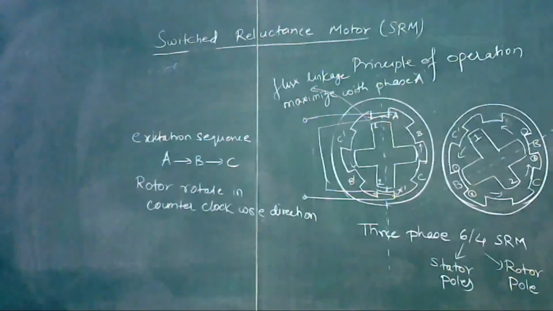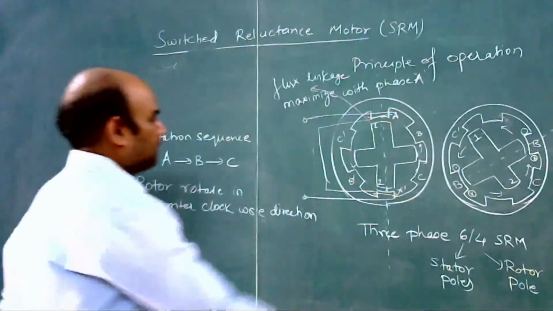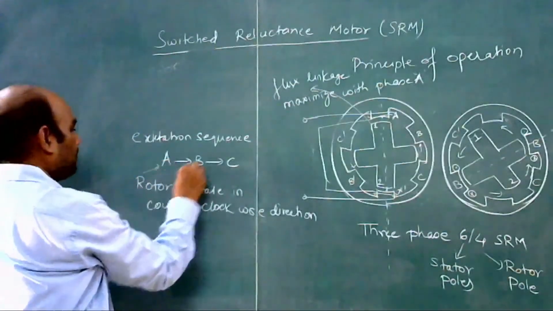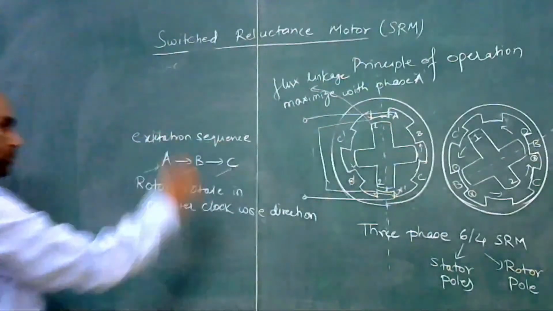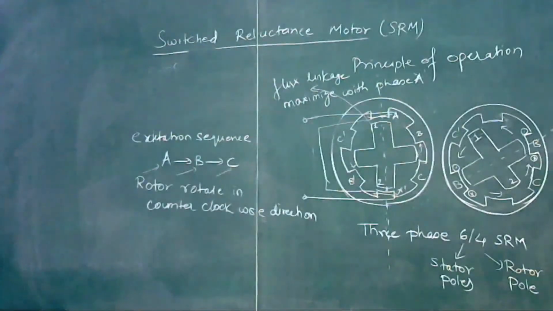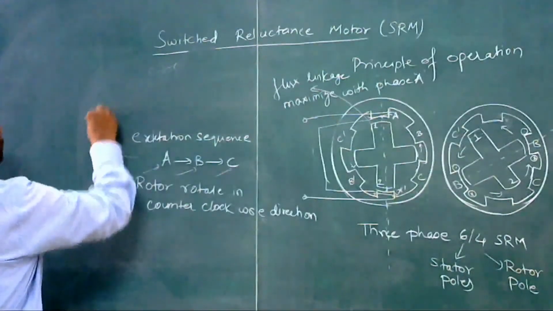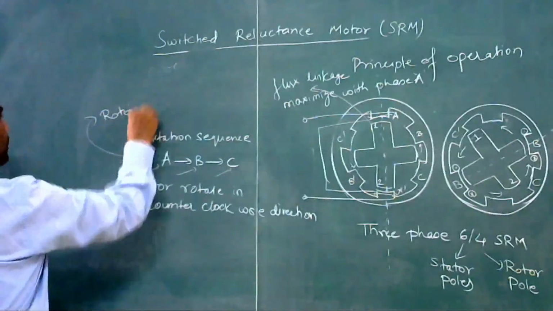Actually, the phase currents to the stator are switched on and off synchronously. So this sequence, A, then B, then C, is done in synchronism with the rotor position.